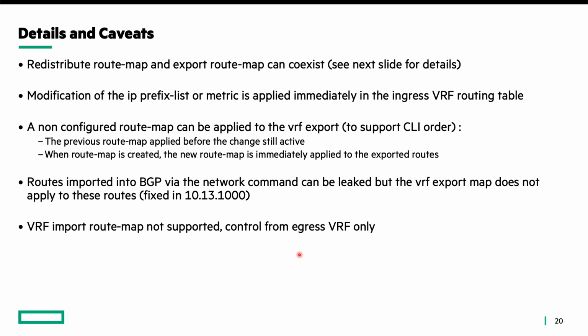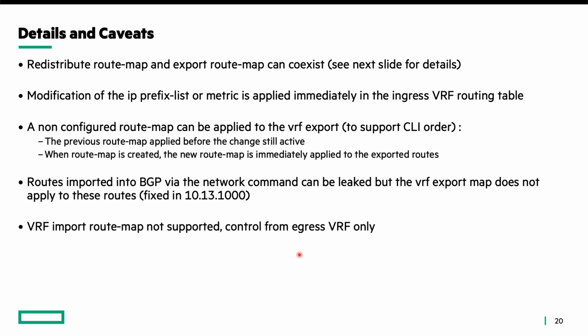Import route map. Now we are speaking a lot about the route map that targets export, but what about import? It's not planned as of today. We can evaluate with a use case.